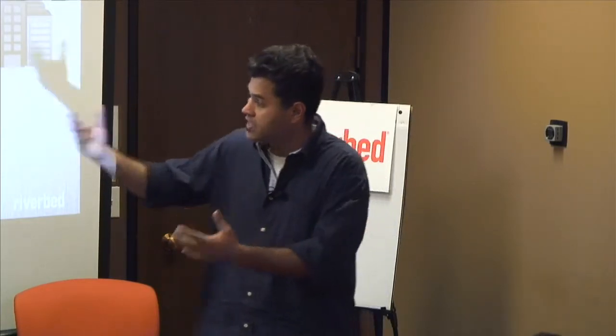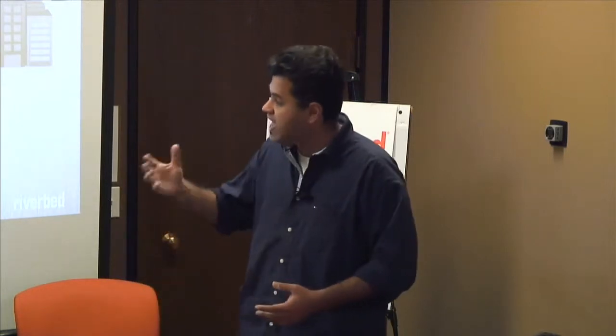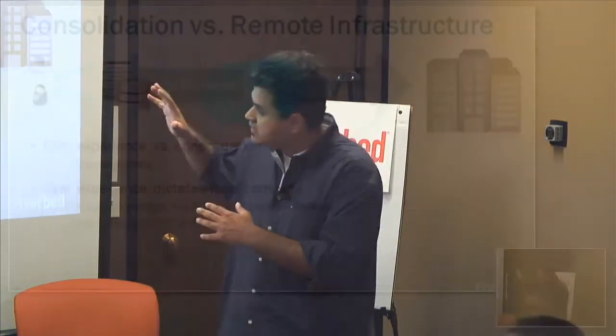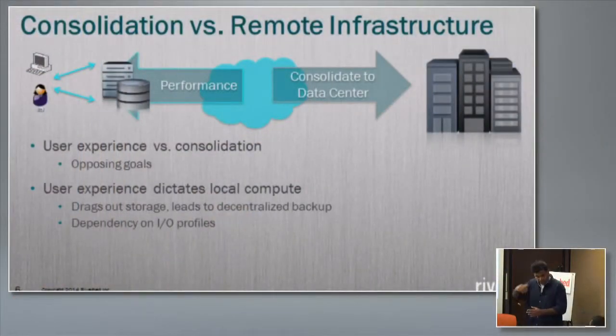Oftentimes, in order to give them user experience, you have to push compute out there, because at the end of the day, computing closest to the end user gives the best performance. The best user experience actually comes from the LAN. But the problem is the minute you push compute out there, and there are a lot of customers like that, customers that produce a lot of revenue at branch locations.